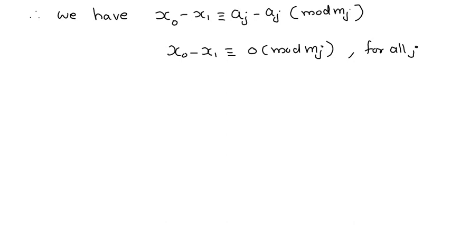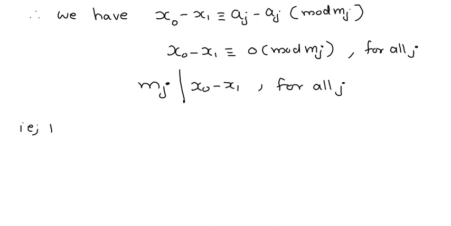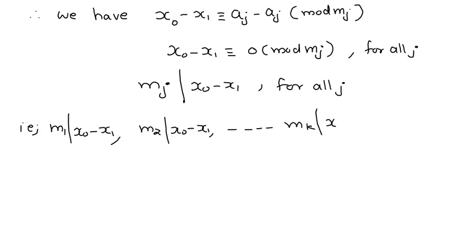That means mj divides x0 minus x1 for all j. That means m1 divides x0 minus x1, m2 divides x0 minus x1, etc., mk divides x0 minus x1. We already have that m1 divides a term, m2 divides another term, etc., mk divides a term, then the LCM of m1, m2, etc., mk divides this x0 minus x1.